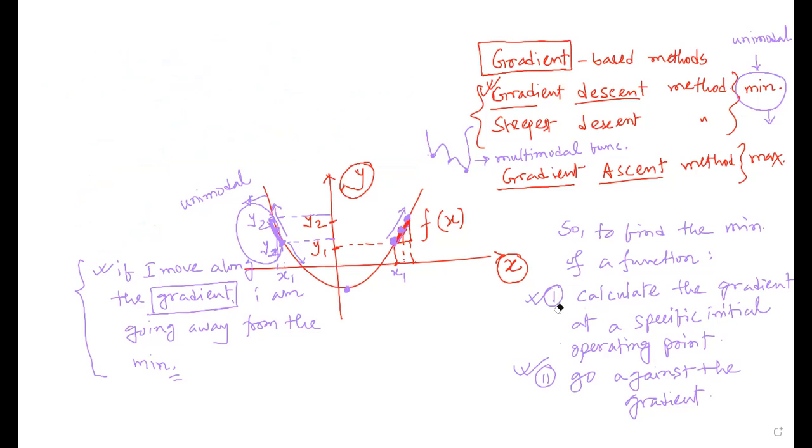So unless you complete step number 1, you cannot come to step number 2. To decide on the direction of your movement, you first have to know what your gradient is. And that has to be calculated, of course, at a certain initial operating point, x1 or x0. Any question? No, sir. So far, okay.